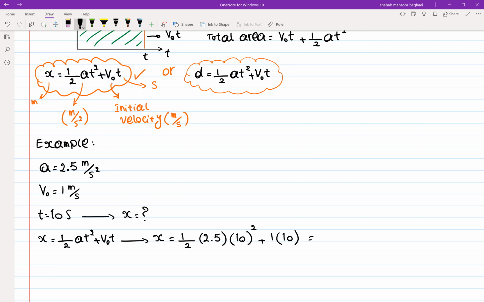You know 10 square is 100. There it is: half times 2.5 times 100. 1 times 10 is 10.